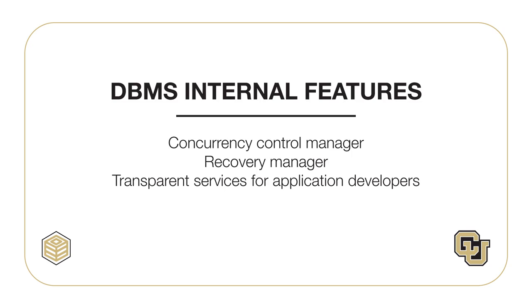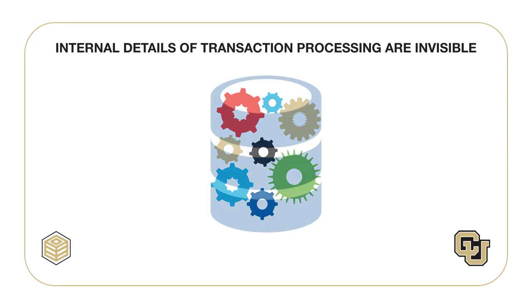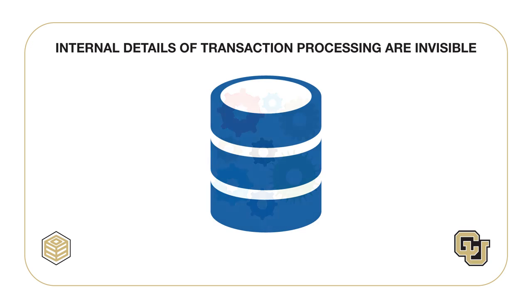It is important to note that these services are internal and transparent to the database developers. In common usage, transparency means that you can see through an object, rendering its inner details invisible. For DBMSs, transparency means that the inner details of transaction services are invisible.